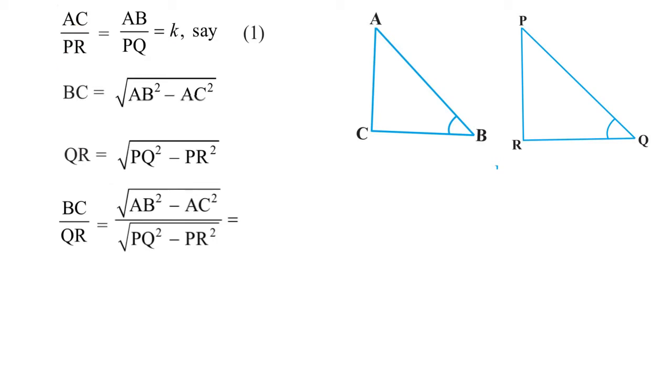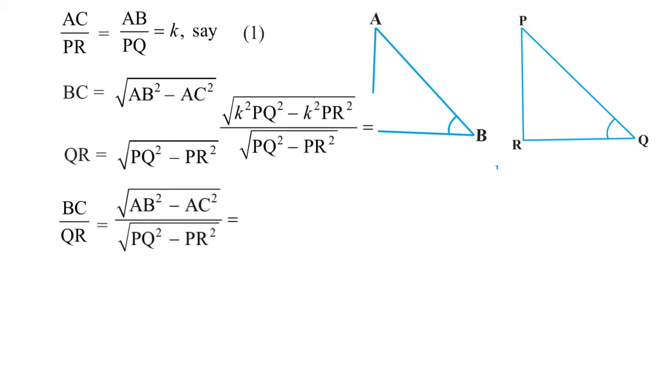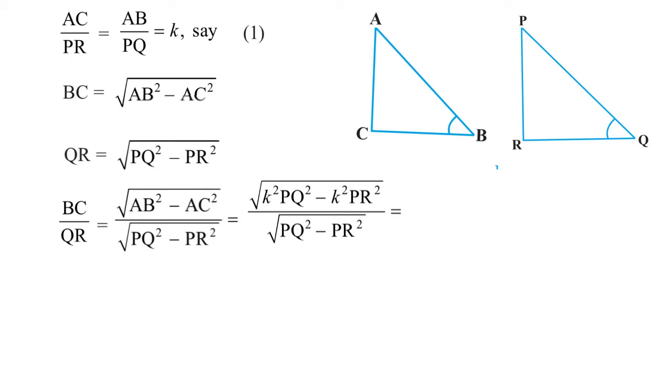So can I replace AB as K times PQ? Instead of AB squared, I get K squared PQ squared. And instead of AC squared, I can substitute K squared PR squared. And from here, I can simplify by removing K squared as the common factor.